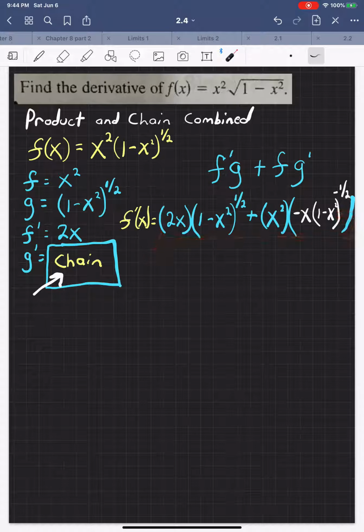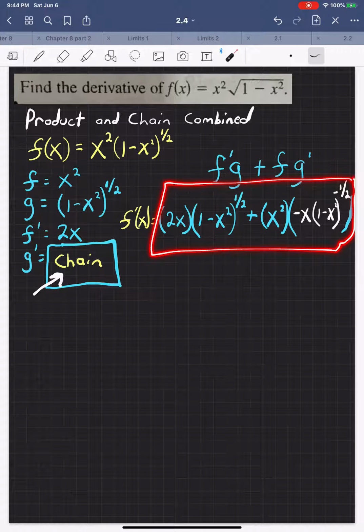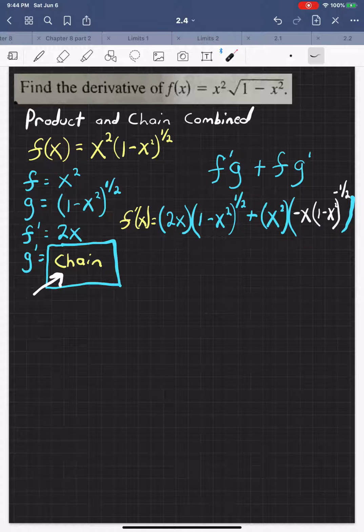It just so happens that it's a different game in your science classes than in your mathematics classes. In the mathematics classes, you are making an argument in which you need to justify all of your steps. And a lot of times in your science classes, this is just a tool to get to an answer that you need.